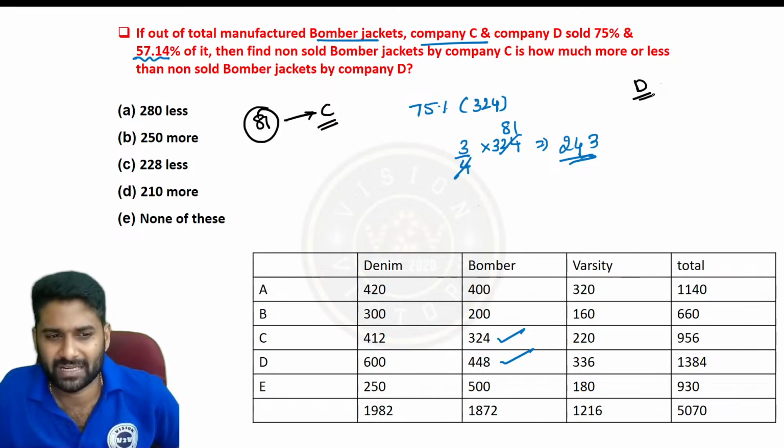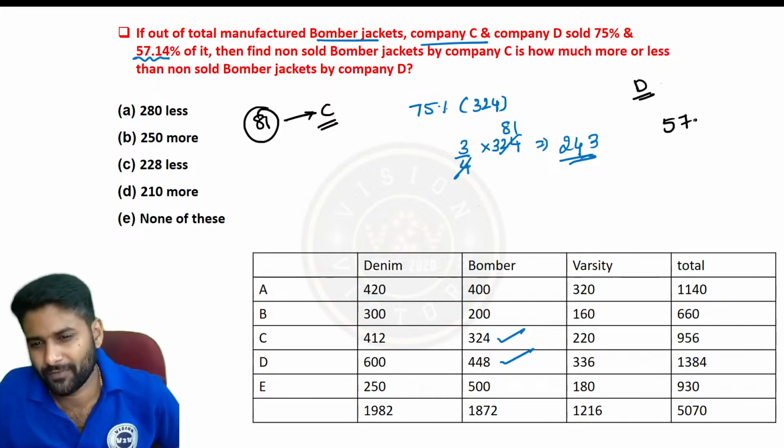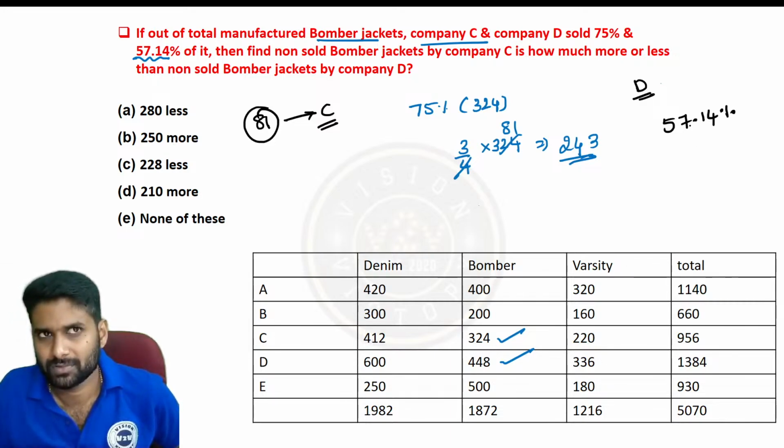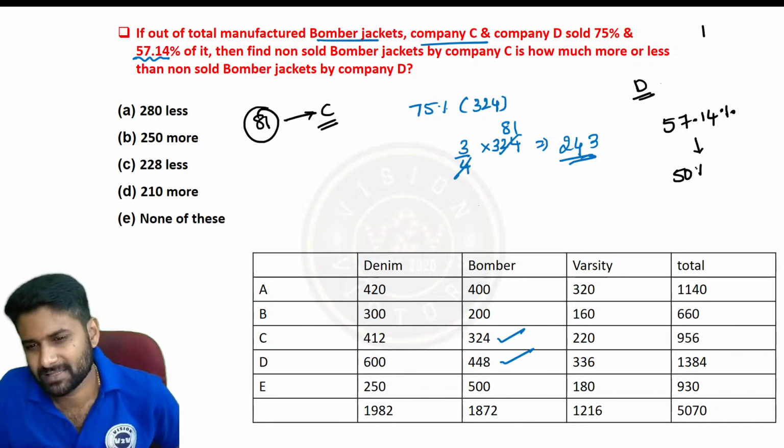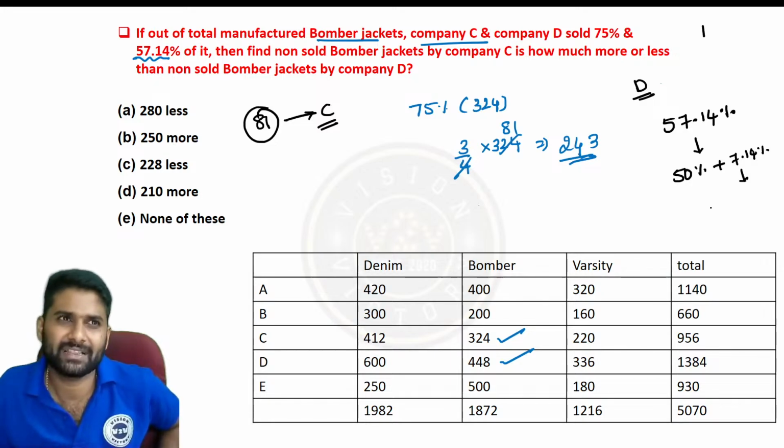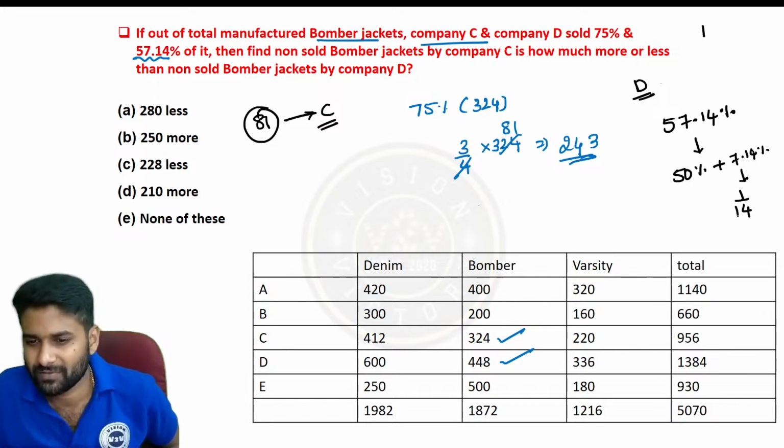What about the D calculation? Now it's a value of 57.14%. Okay, give me a second. Can I take it as the value of 50 percentage plus 7.14 percentage? 7.14 percentage, can I take that value as 1 by 14th of that value?